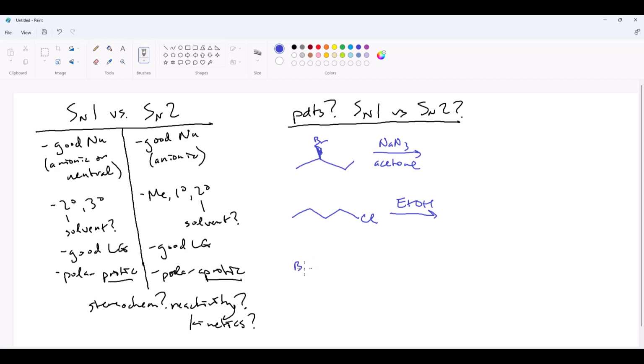And then finally we have this disubstituted bromochloro, and we add one equivalent of KCN, meaning there's only one CN, and that's going to be in DMSO. So if you want, you can pause the video here and work on these problems, and then unpause the video and we will go through the explanations of these.